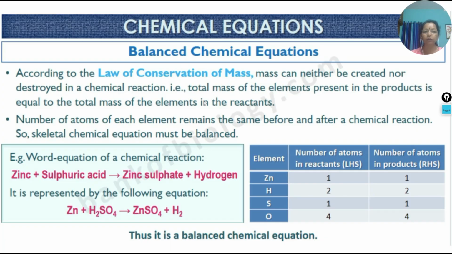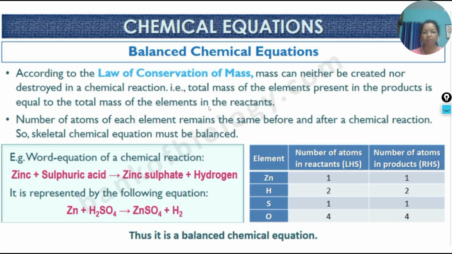The law we are following is the law of conservation of mass. That law says that mass can neither be created nor destroyed in a chemical reaction. That means in a chemical reaction, mass remains the same. The mass of the same element on the LHS and RHS remains the same, or we can say the total mass of the elements present in the products is equal to the total mass of the elements in the reactants.